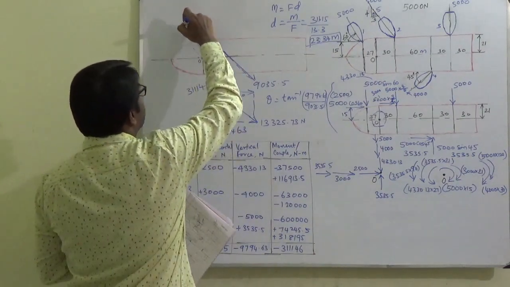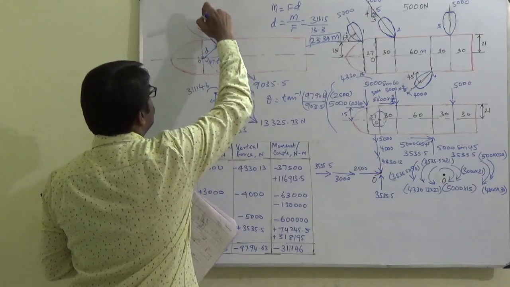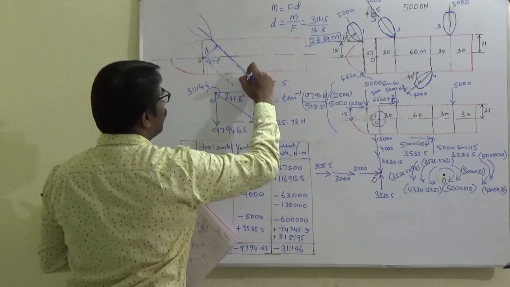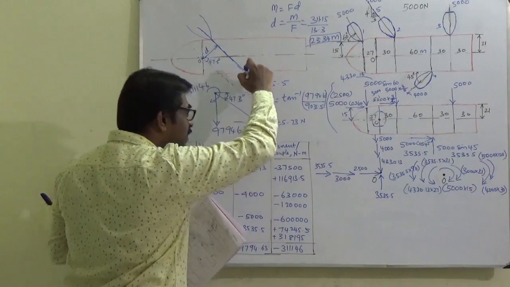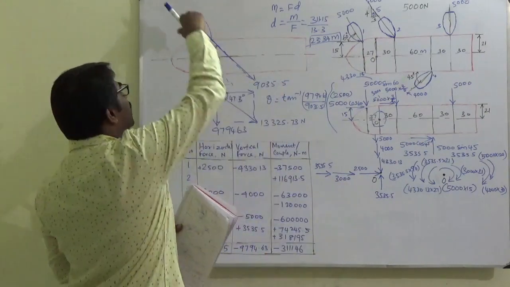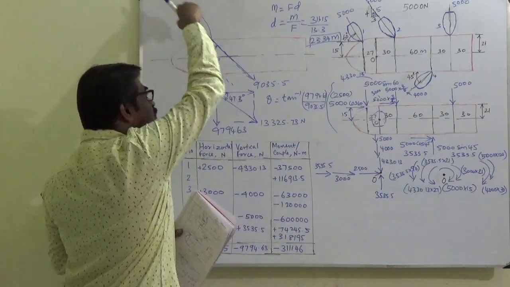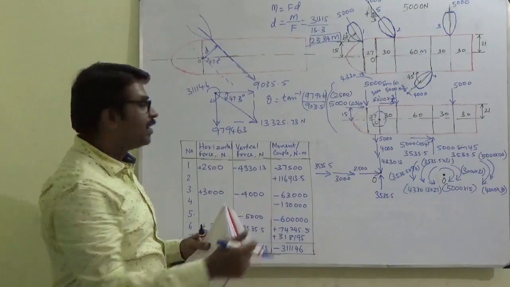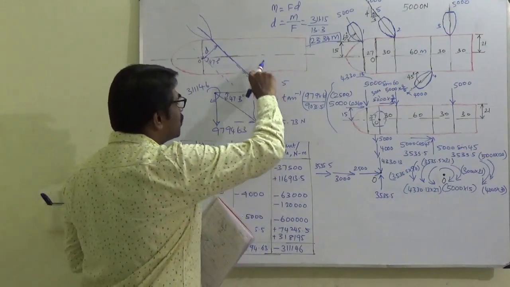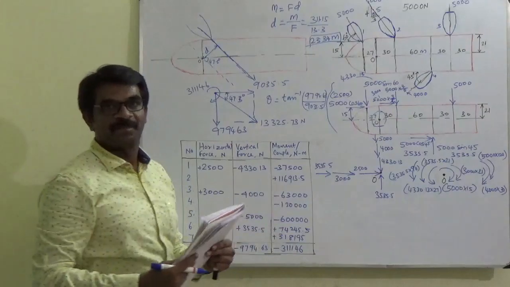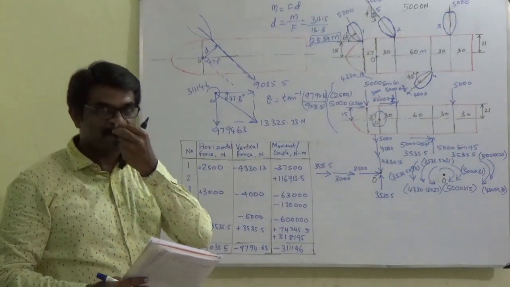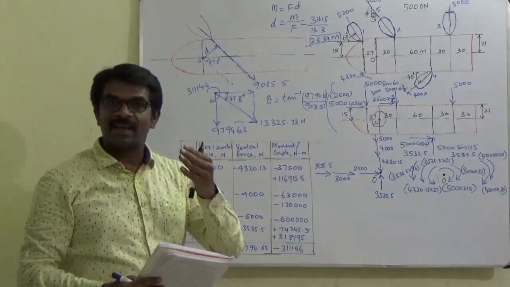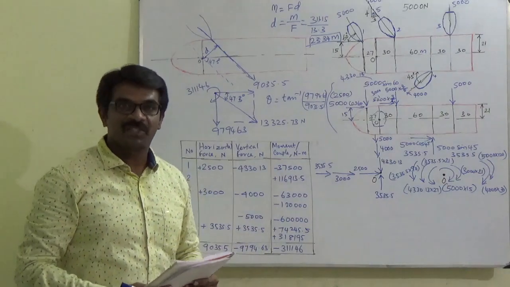Either I can place a boat here, or I have to use a boat and pull it. Either you use a boat here to push it, or you place the boat here and pull it. The net effect, principle of transmissibility, the net effect will not change.